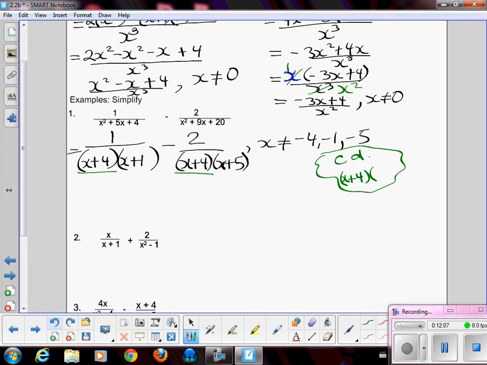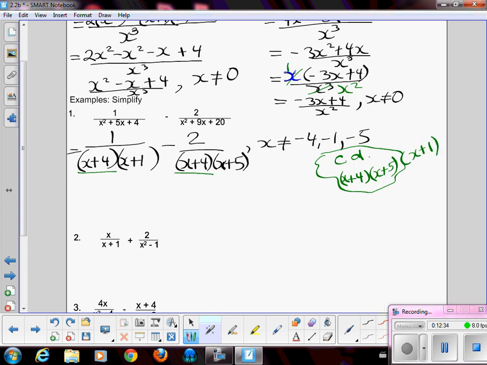And in order to get the first rational to have an x plus 5, I'm going to have to multiply this by x plus 5. And in order to get the second rational expression to have the same as what the denominator has in the first one, I also have to have an x plus 1.